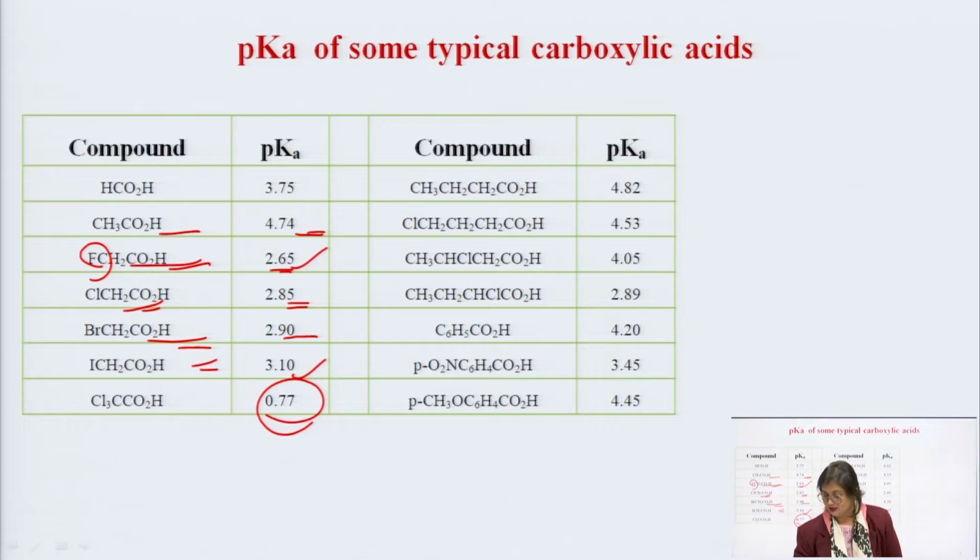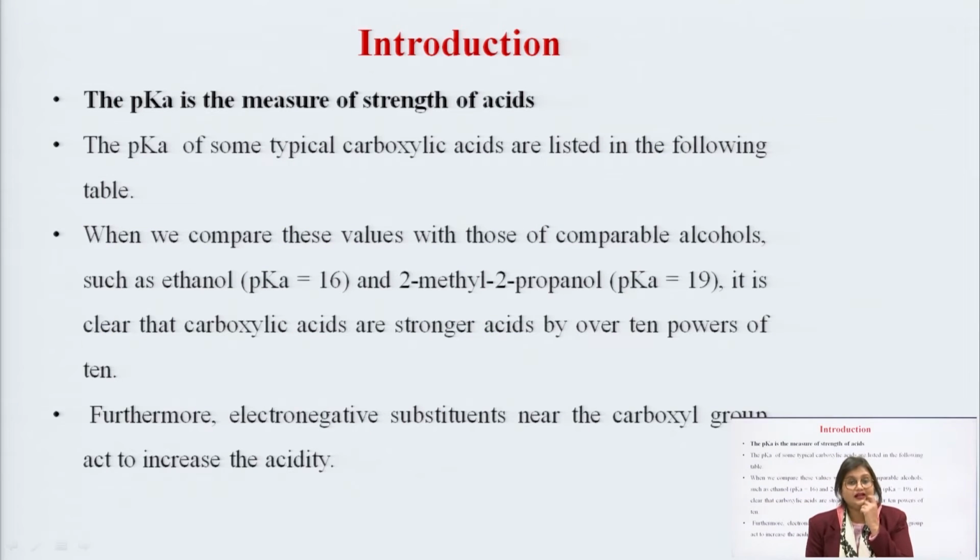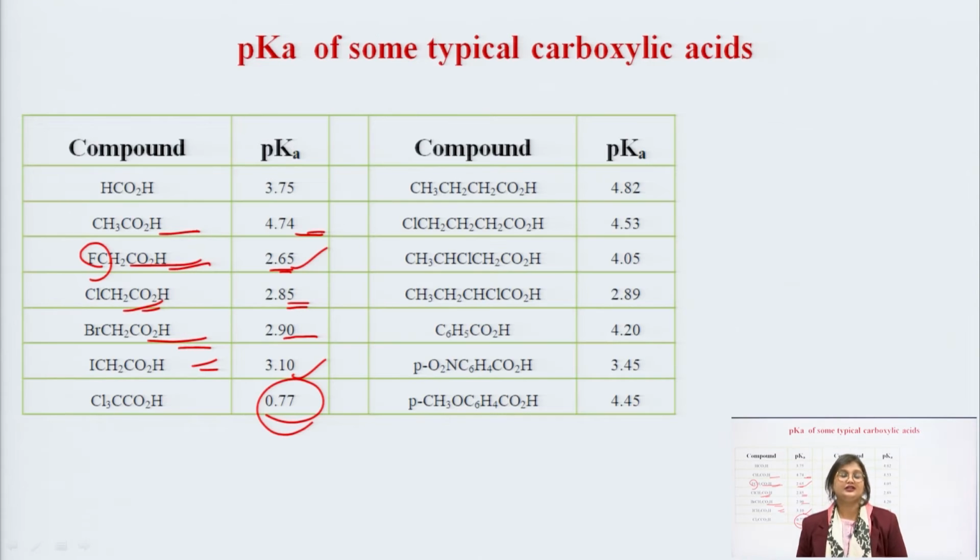So, in the previous slide, we had discussed the presence of electron withdrawing groups or electronegative atoms on the carboxylic group, which increases acidity.